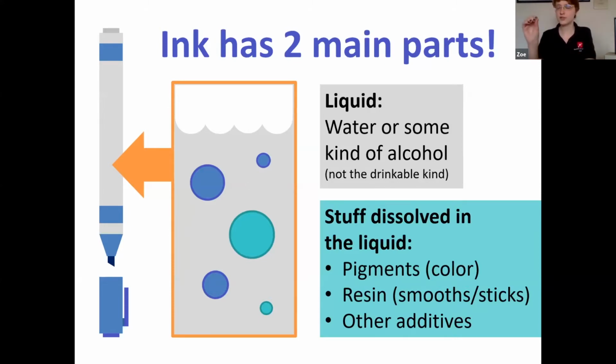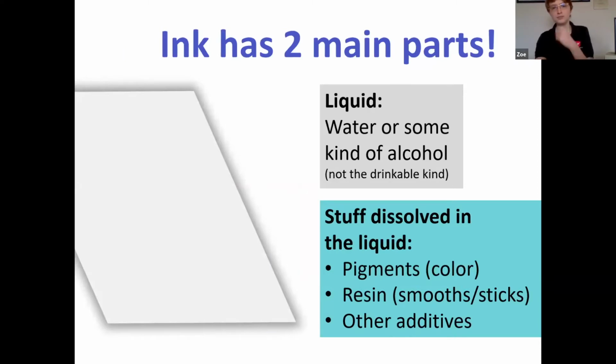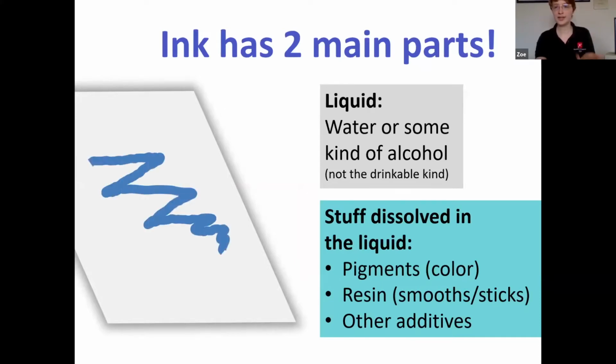Those are the sort of things that would be dissolved into our liquid. Now, when you go ahead and write with the marker, well, you need the marker ink to be a liquid in order to write with it, right? Otherwise, it won't come out of the marker at all. But after you've written whatever you've written down, then the liquid is actually going to evaporate away.